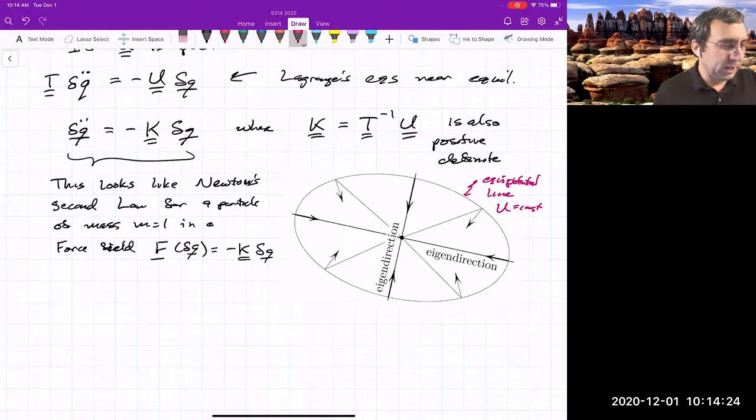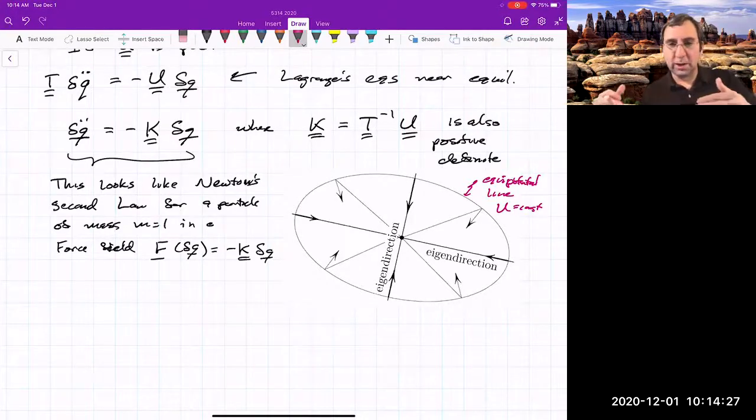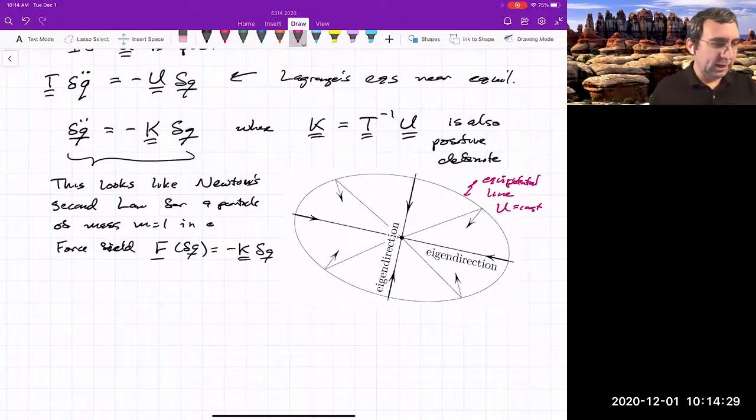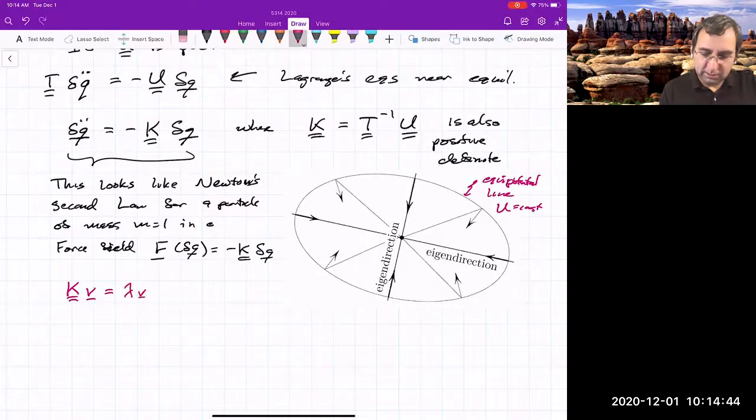Those special directions where the force points towards the origin, right? Those are the directions where if you were to displace by some vector, K delta Q equals lambda V for an eigendirection V.